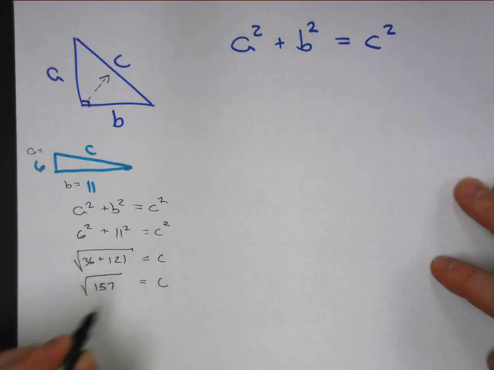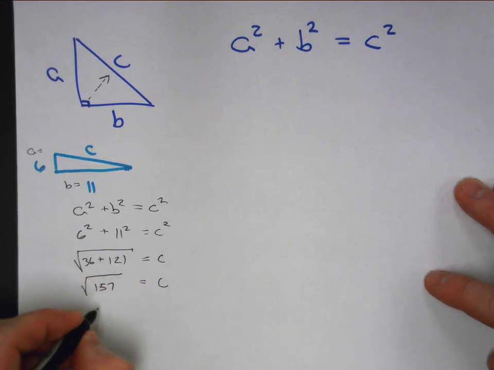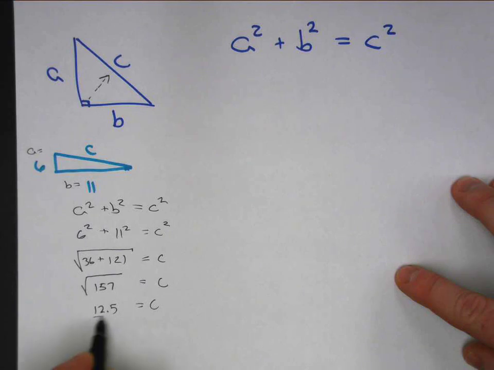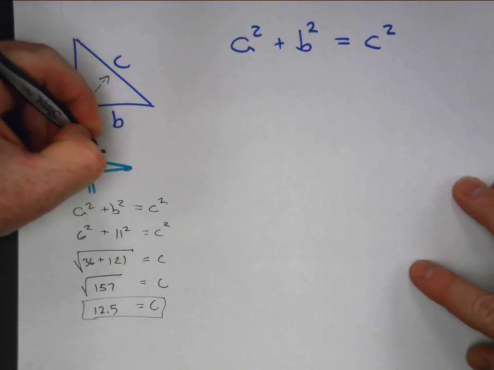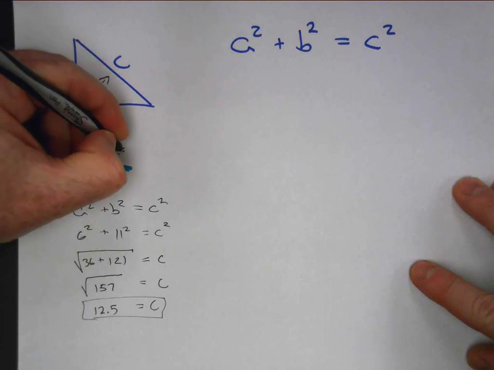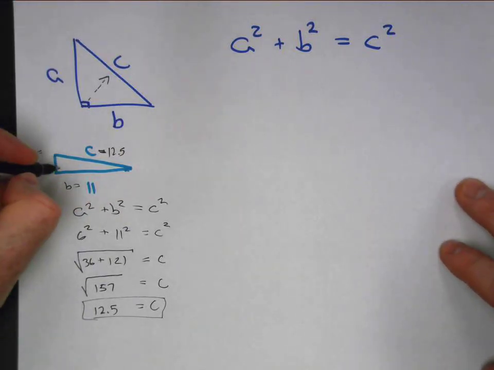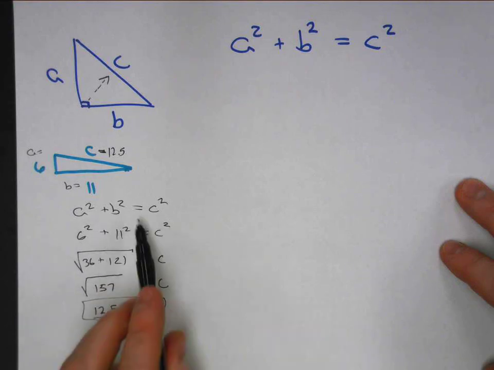And the square root of 157 is equal to C. And so we do that, and you get right around 12.5 is the value of C. That's the length of the hypotenuse right here, about 12.5. And as long as we recognize that this angle is the right angle, then C is the hypotenuse, and we're using this equation correctly.